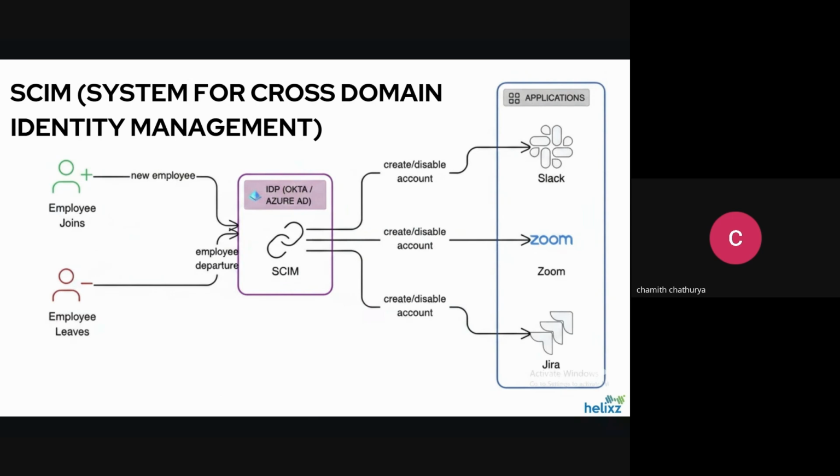When an employee is added to the central system, like an identity provider such as Okta or Azure AD, it automatically creates their account in all other apps. When an employee leaves the company, SCIM ensures their access is revoked across the whole platform, instantly eliminating the high risk of open accounts.